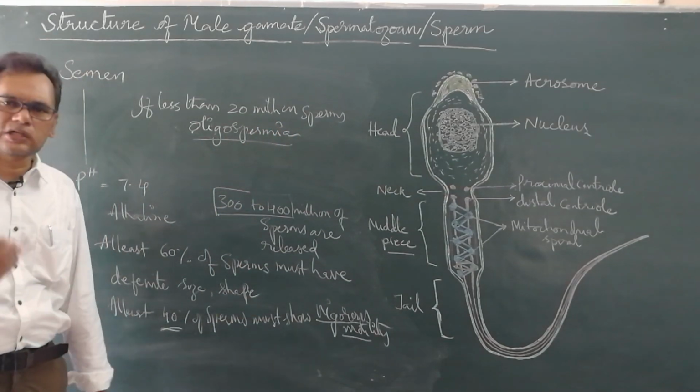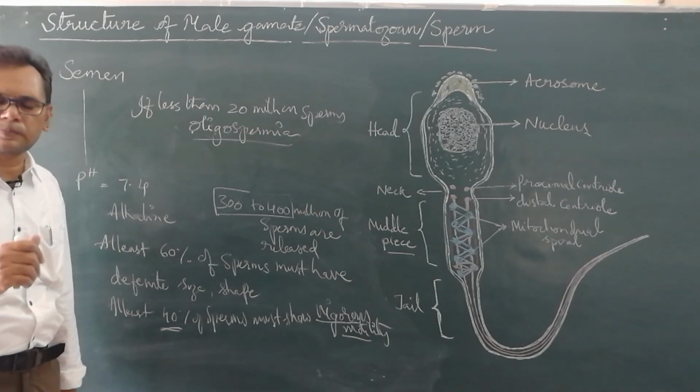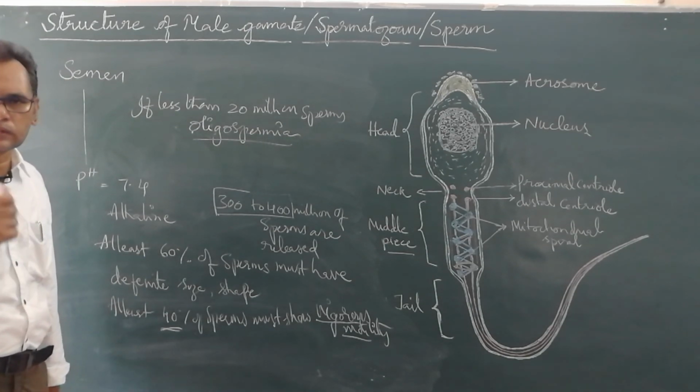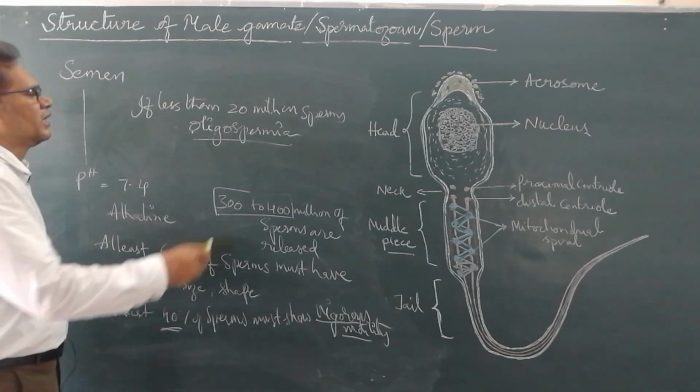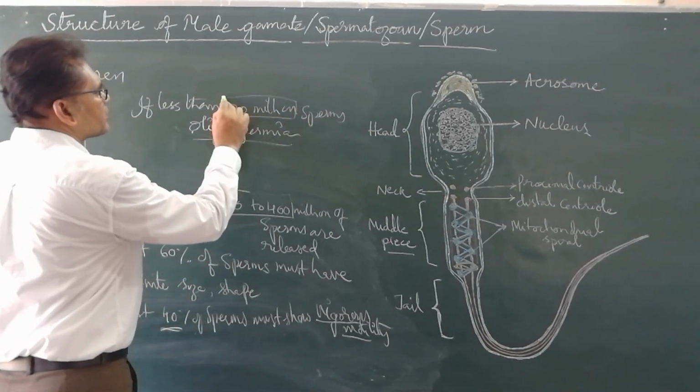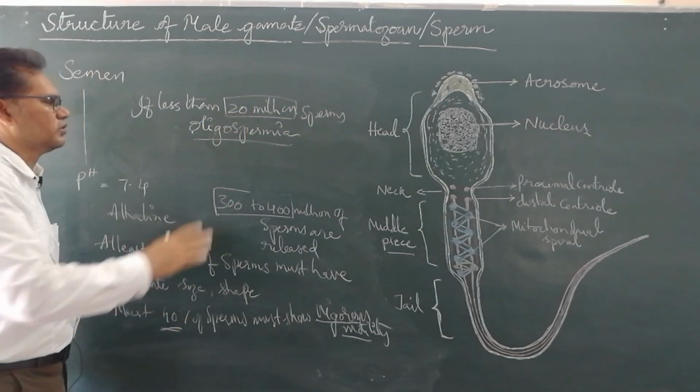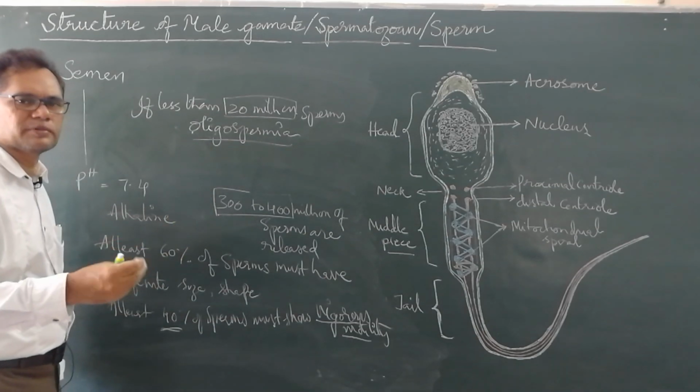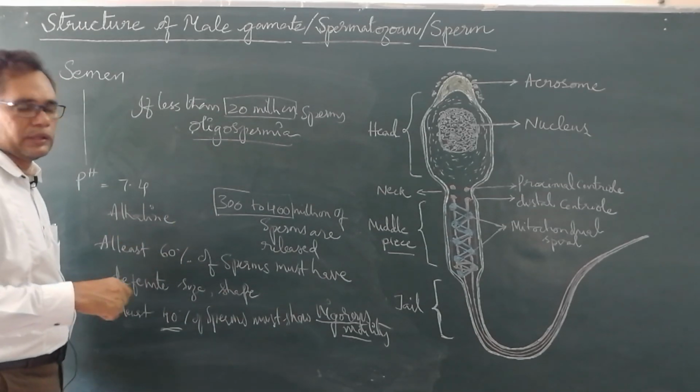Oligospermia means a decreased count of sperms. It may also lead to sterility. This is when less than 20 million are present per ejaculate. Oligo means very few.